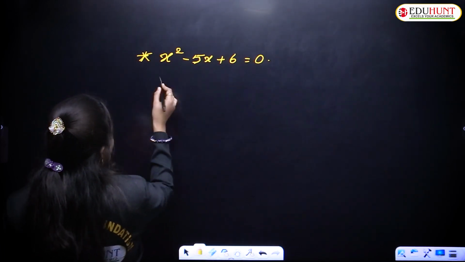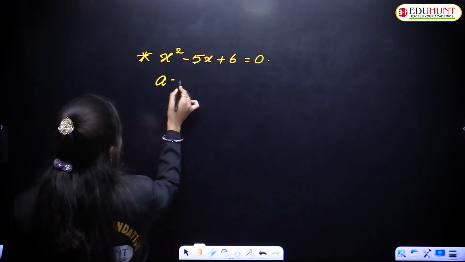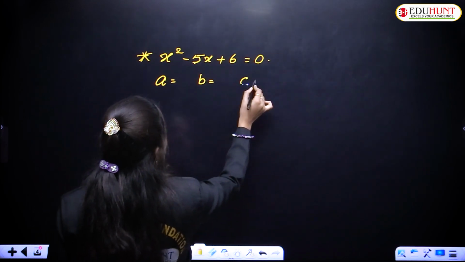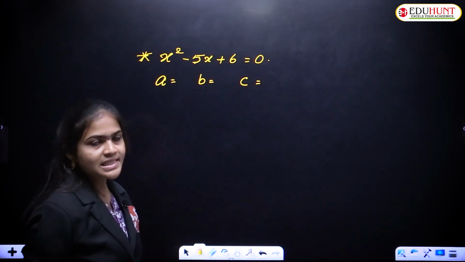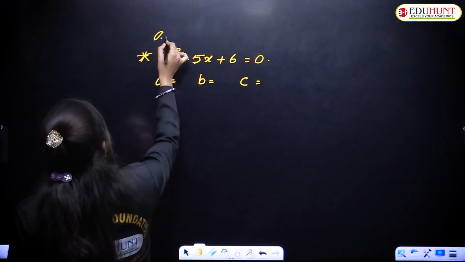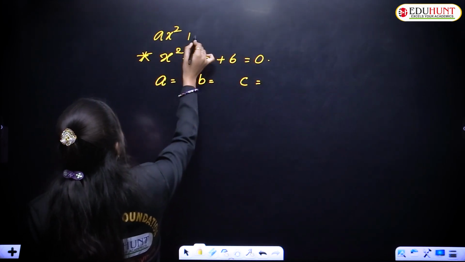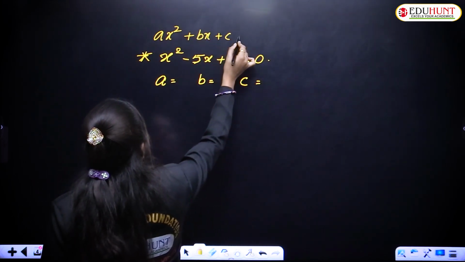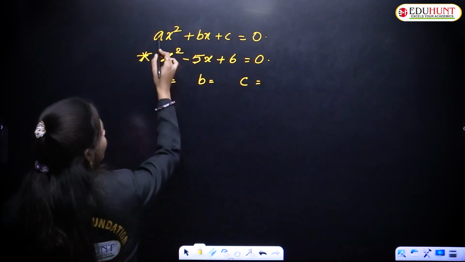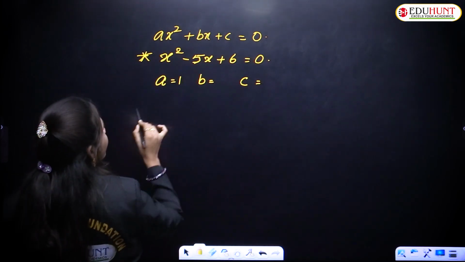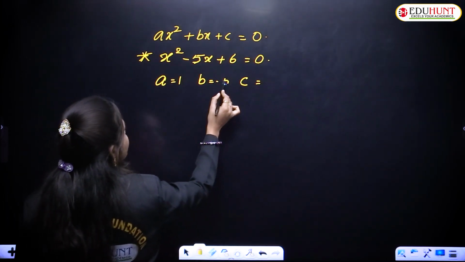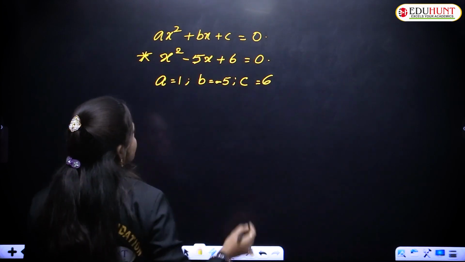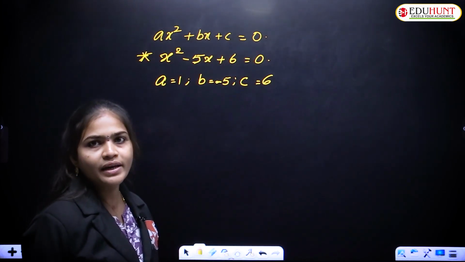So, the first step is to compare the values of a, b, c. Compare the given equation with the general form of the equation. So, here a is equal to 1, b is equal to minus 5, c is equal to 6. Now we have the values of a, b, c.